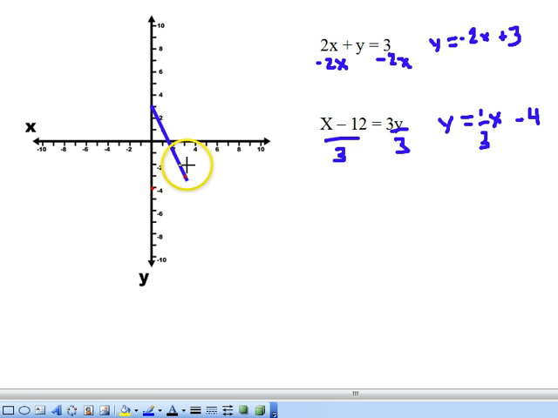Up 1 and over 3. Alright, and we'll draw that line. And as you can see, these two lines intersect at the point 3, negative 3.